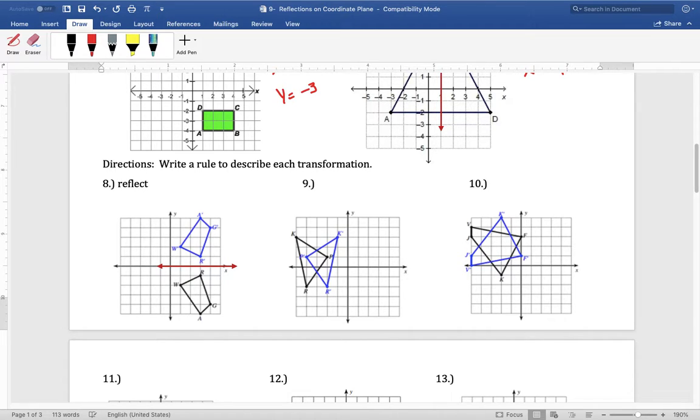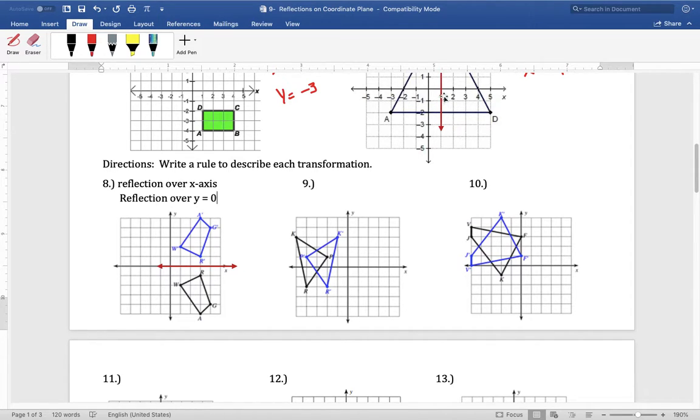It would be the reflection over the x-axis, or we could say it's reflection over y equals 0. Okay, so this is the line right here.